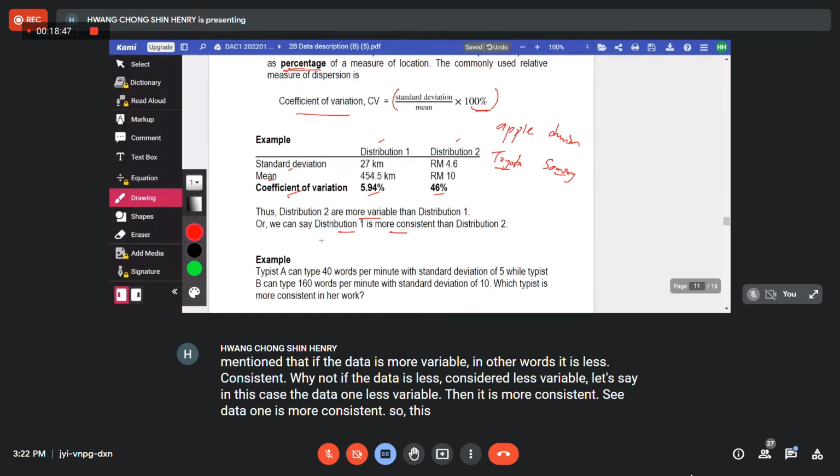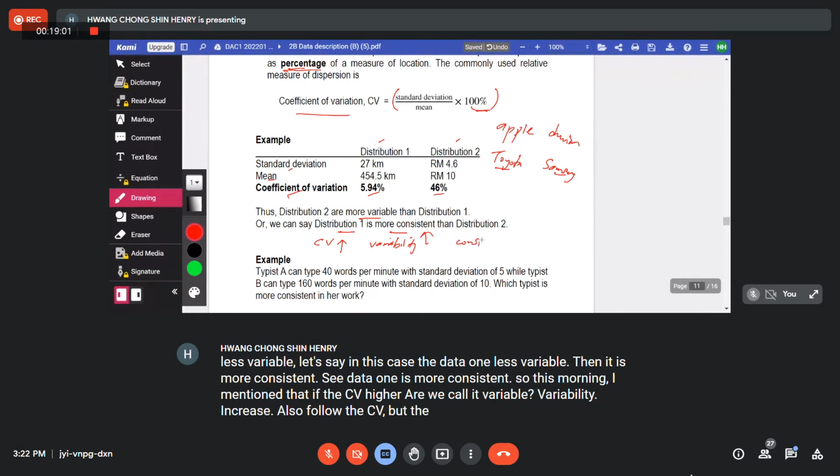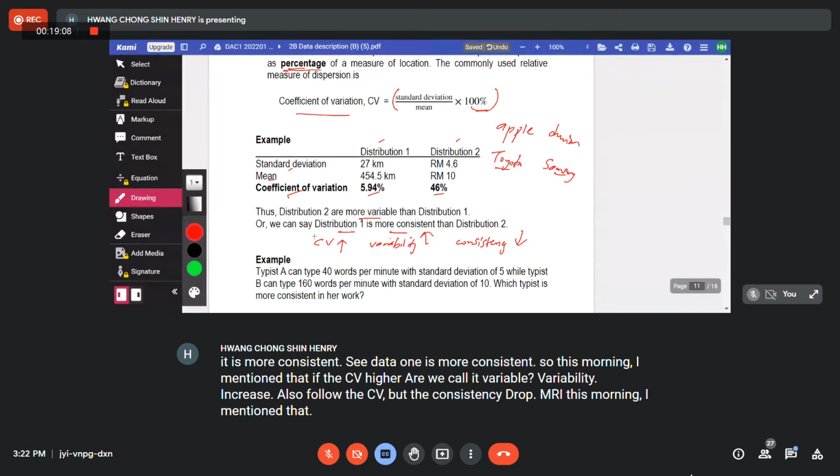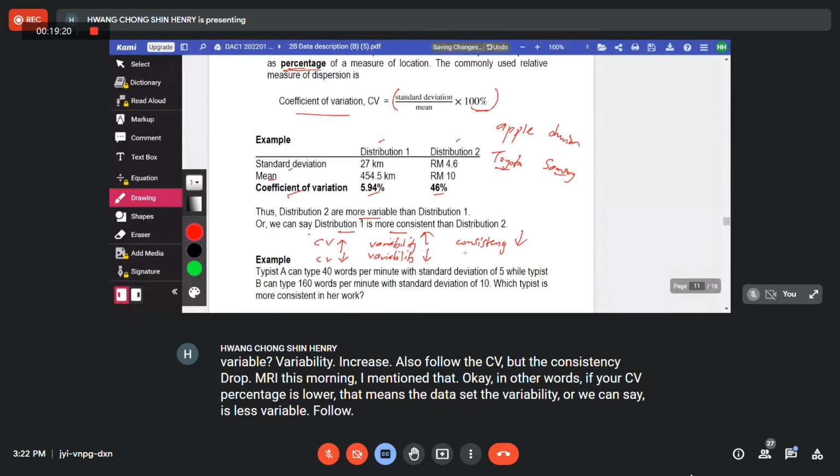So this morning I mentioned that if the CV is higher, variability increases, but the consistency drops. Am I right this morning? In other words, if your CV percentage is lower, that means the data set is less variable, but the consistency is higher.